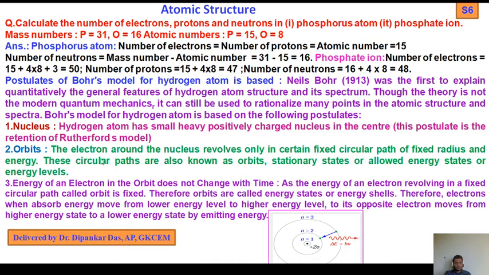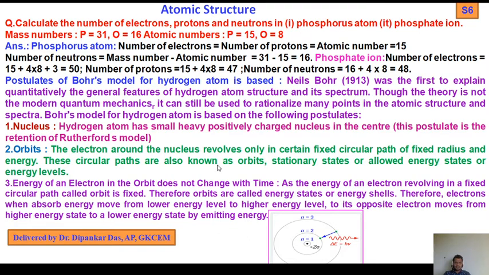When you discuss the shapes of s, p and d orbitals, you will distinguish orbits and orbitals. The electron revolves around the nucleus only in certain fixed circular paths of fixed radius and energy.